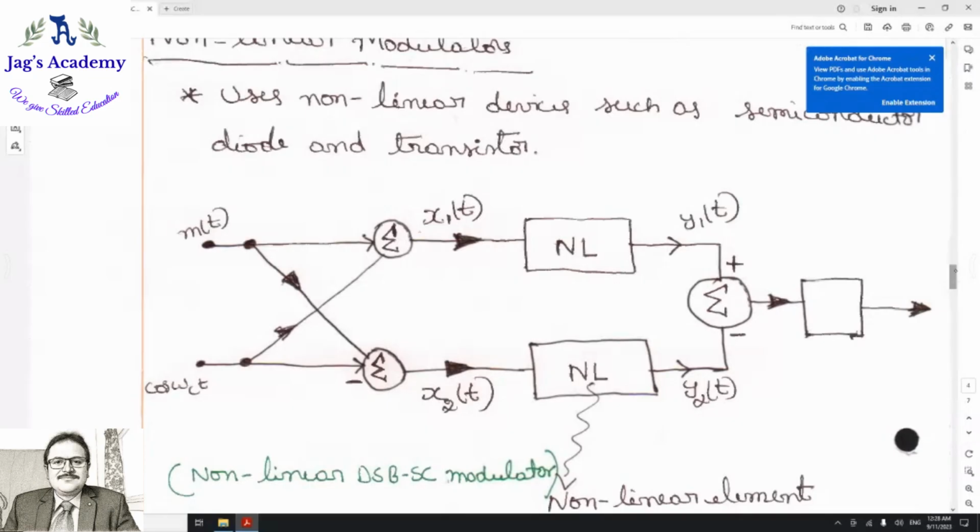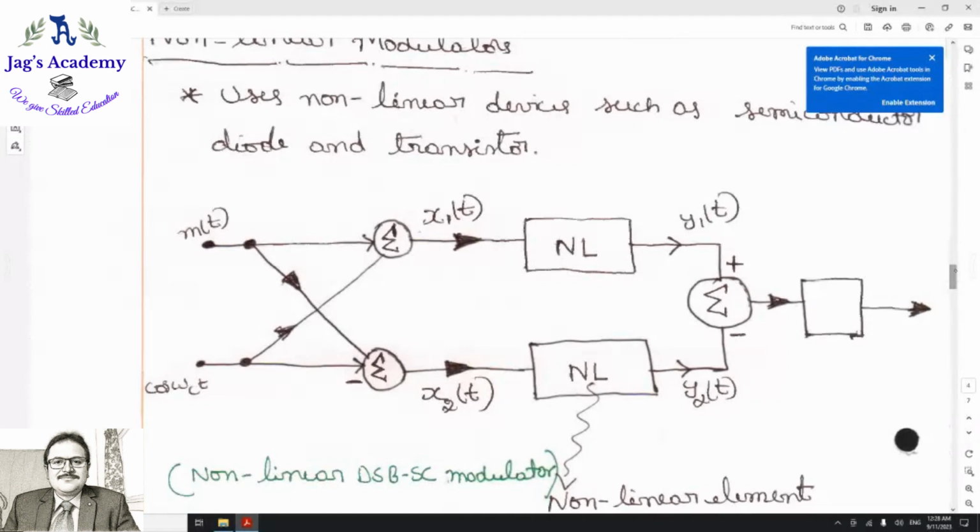Knowledge. Okay? Fine. See here, what exactly you are doing here? m of t and cos omega ct are both required to generate a double sideband EM wave, right?